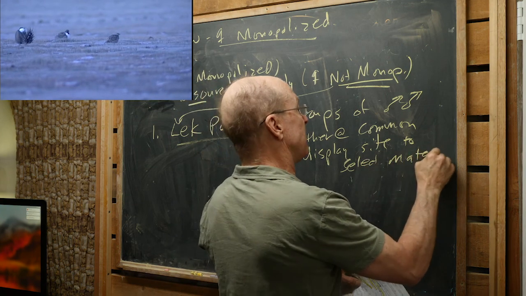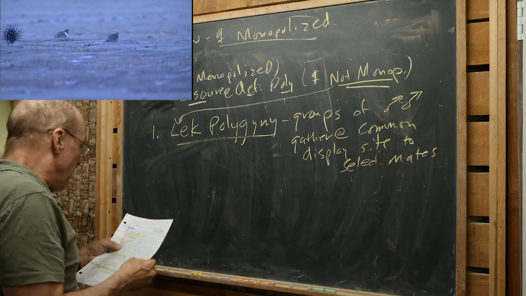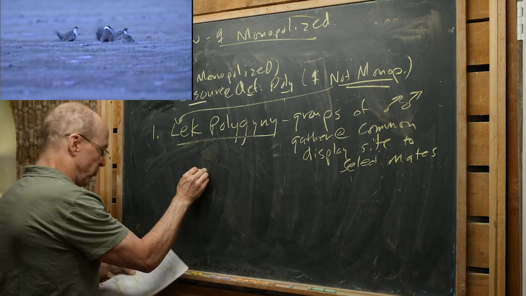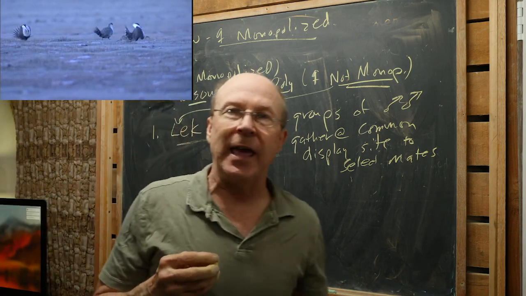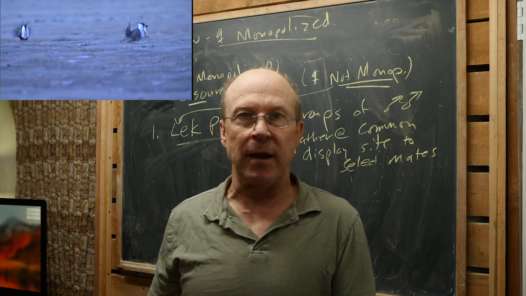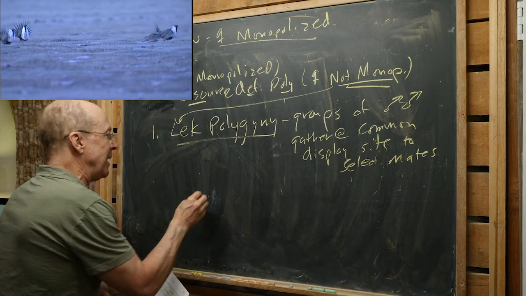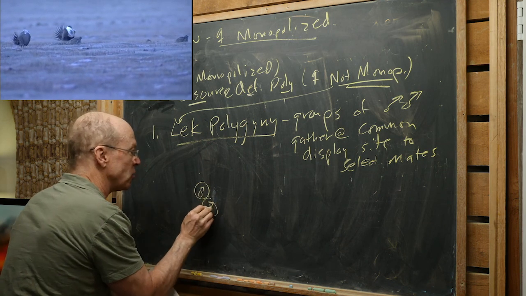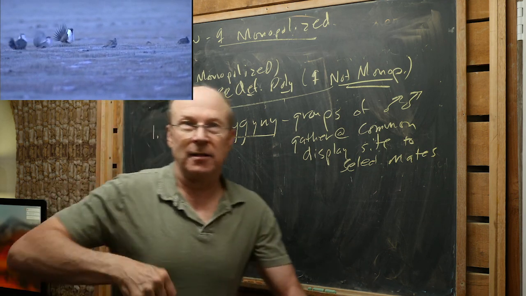That's the only thing these leks have value for. And the cool thing, let's draw the map. Here, you would technically have very small temporary male territories within a lek at any given time. So there's a little male, there's a little male.